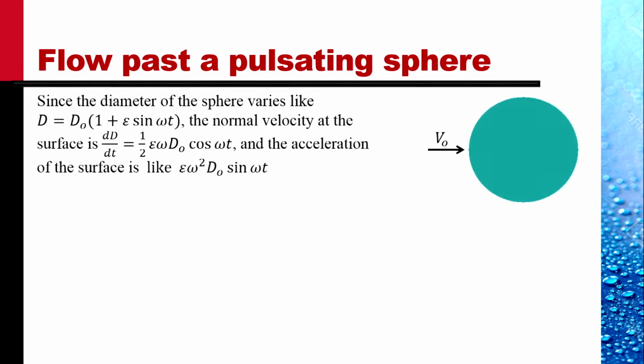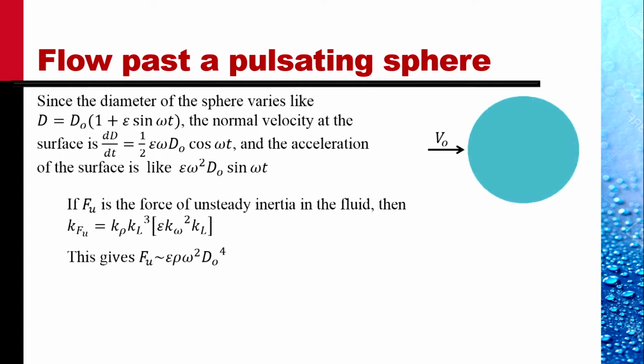And the acceleration on the surface is another derivative of this, and this would be like epsilon omega square d0 sine omega t. So we know what is the acceleration at the surface. And if we know this, we can estimate the unsteady force, the unsteady inertia in the fluid.